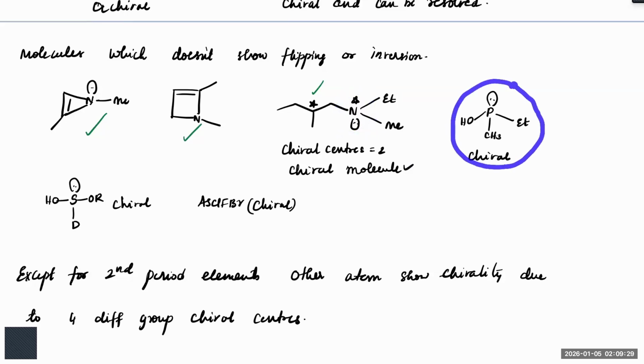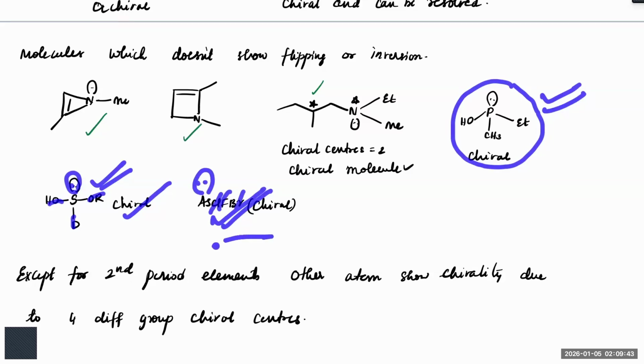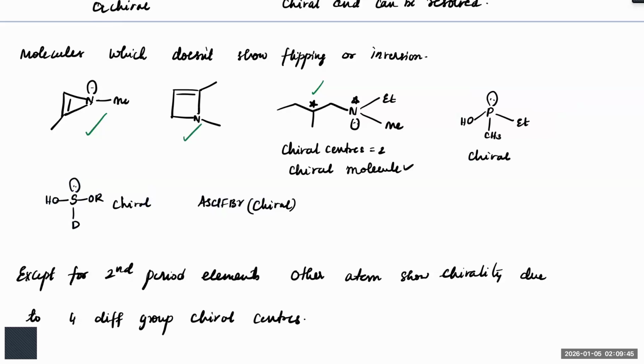Phosphorus is bigger in size, so it does not have this flipping nature. So this can still be chiral. Sulfur with four different groups, including one lone pair, is also always chiral. Arsenic with one lone pair and three different groups is also always chiral. So the problem is only with nitrogen. Otherwise, even simpler groups with phosphorus or sulfur always remain chiral.